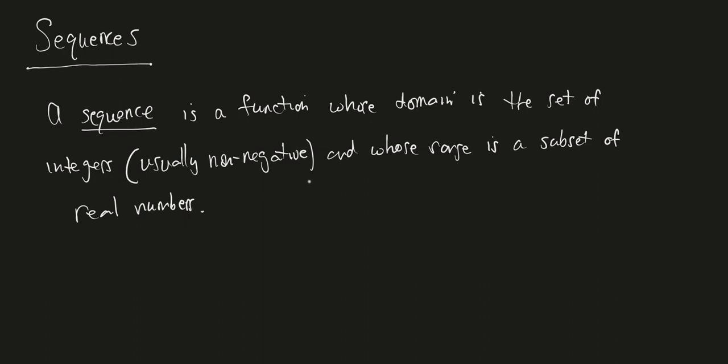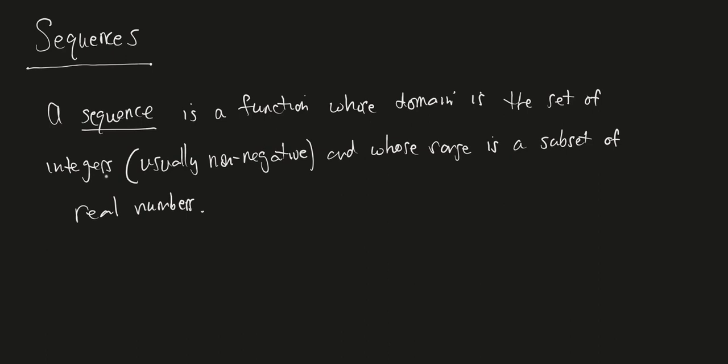As far as the thing that distinguishes a sequence from functions that we've used prior to this, it is the fact that the domain is only integers. These sequences that we're going to look at are only defined for values that correspond to integers.